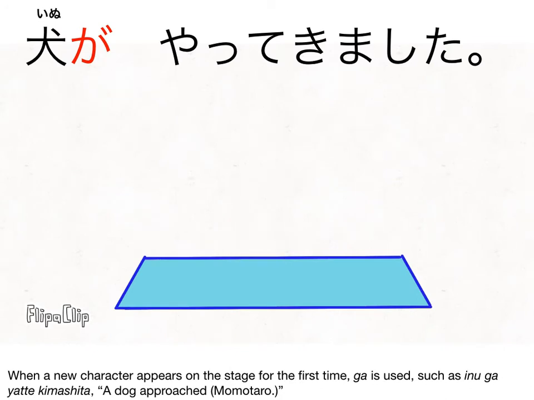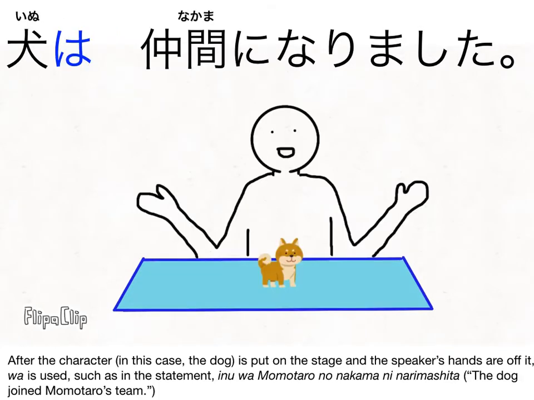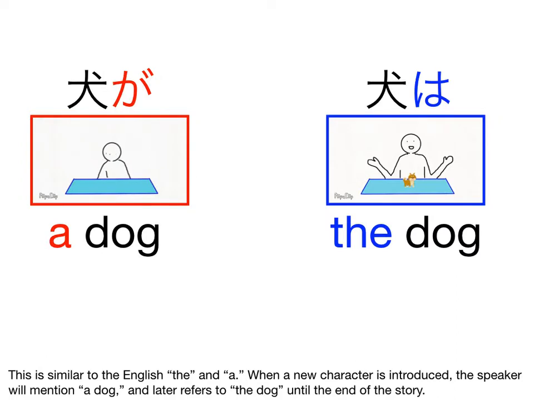When the new character appears on the stage for the first time, ga is used, such as 犬がやってきました。After the character is put on the stage and the speaker's hands are off of it, wa is used, such as the statement 犬は桃太郎の仲間になりました。This is similar to the English the and a.